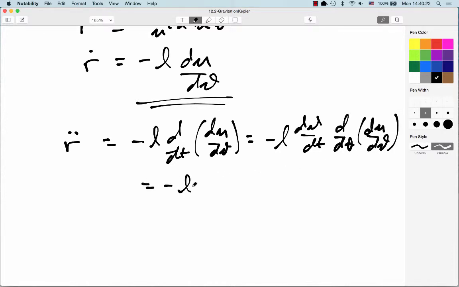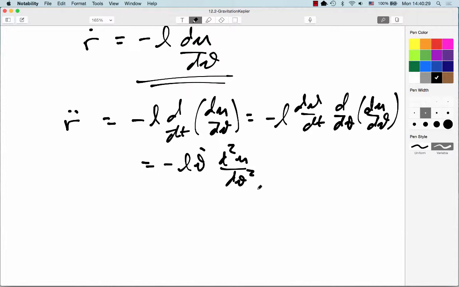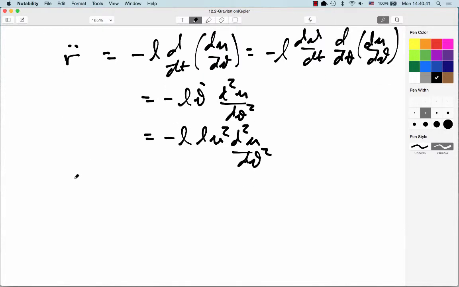So I get minus L theta dot d squared u d theta squared. Putting in for the theta dot, I get minus L times L u squared d squared u d theta squared. So I get that my expression for r double dot is minus L squared u squared d squared u d theta squared.